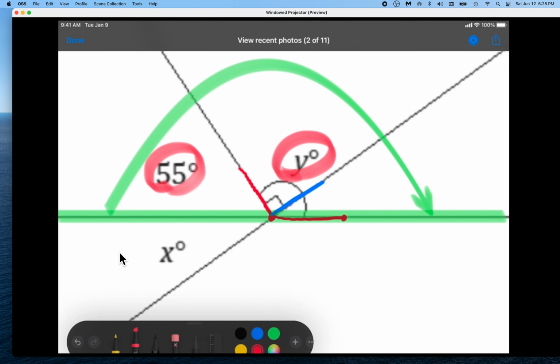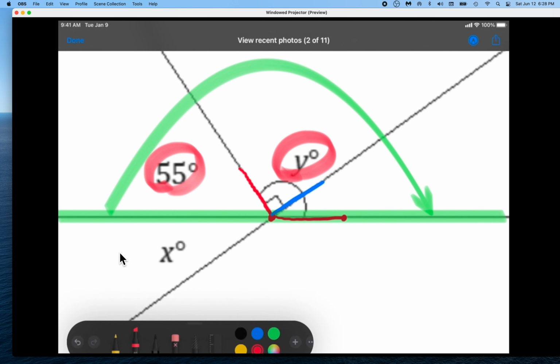That means that 90 plus 52 plus m is going to equal 180. 90 plus 52 is 142. And when you subtract 142 from 180, you get this to be 38 degrees.